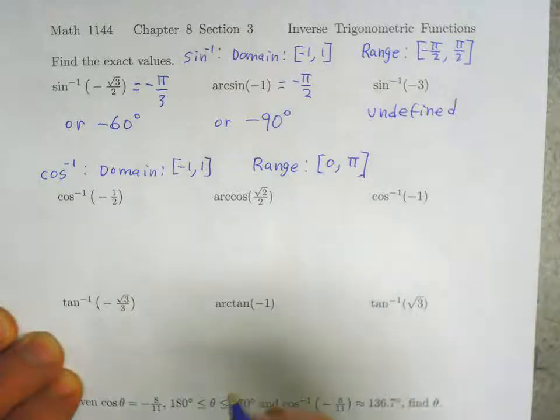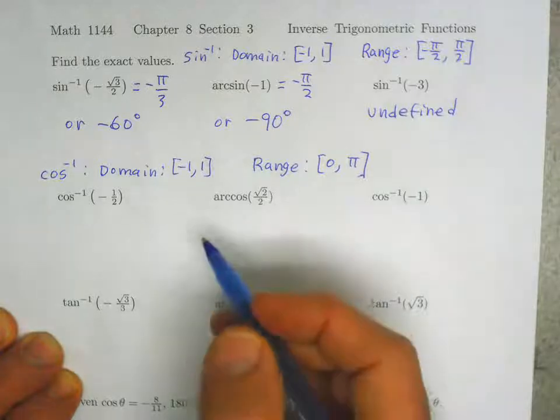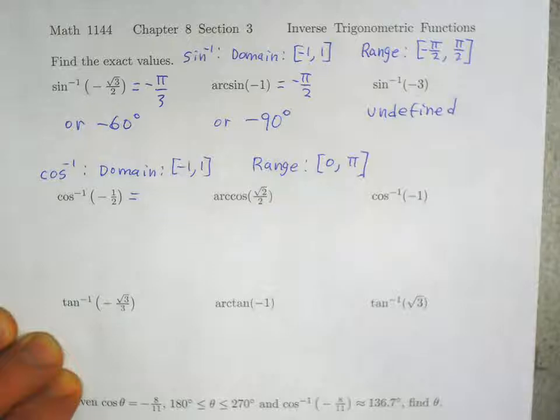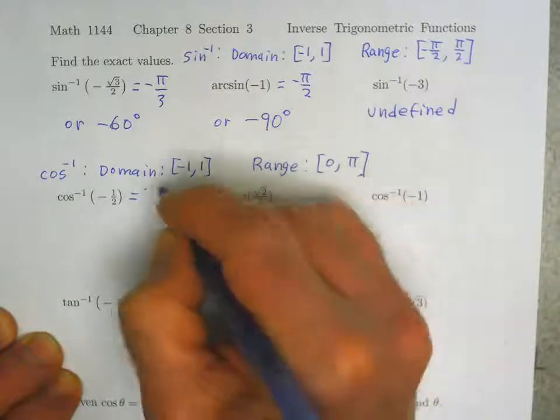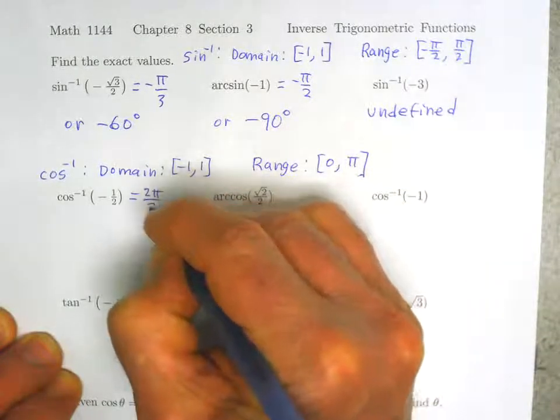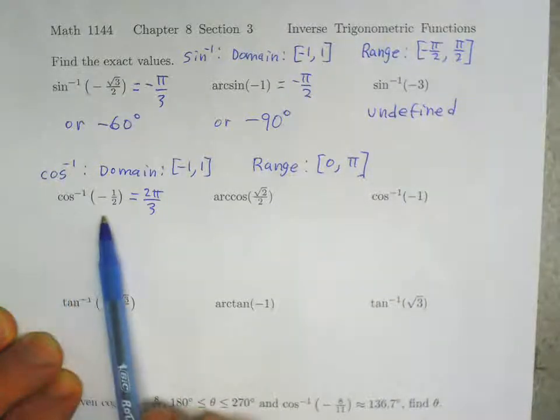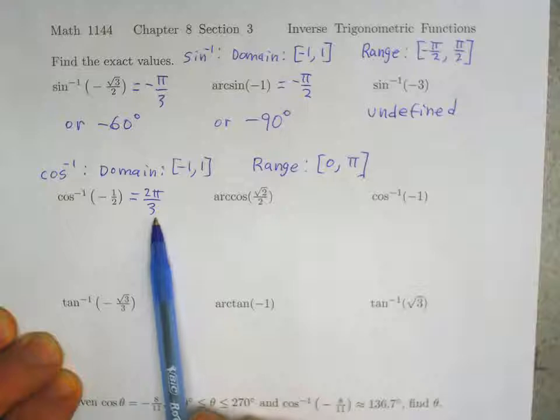We do know that cosine of pi/3 is 1/2, and so cosine of 2 pi over 3 is negative 1/2. So the inverse cosine of negative 1/2 is 2 pi over 3.